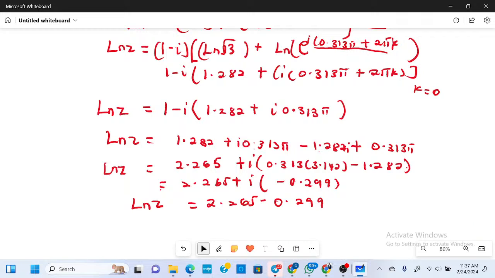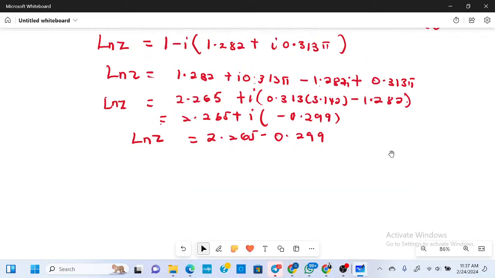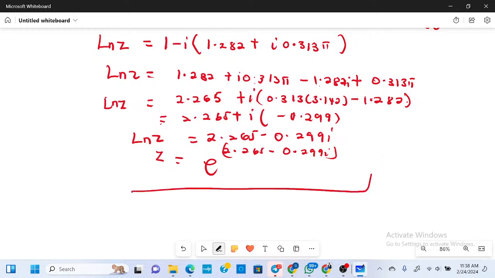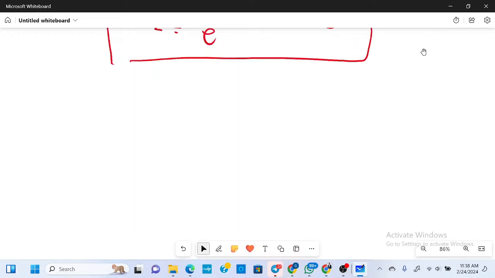But at this point, the question gave us the expression with no ln z, so we have to take the ln out. So z will then be equal to e, that is the exponent, to the power 2.265 minus 0.299i. So this becomes the solution of our logarithmic complex equation.